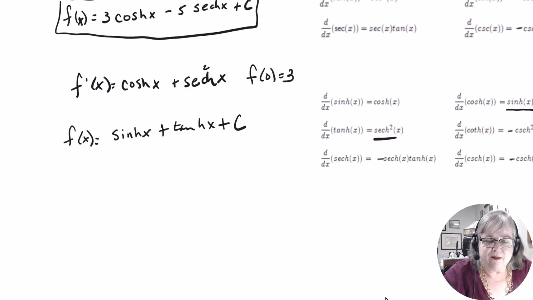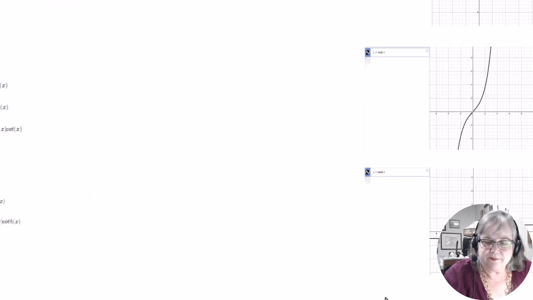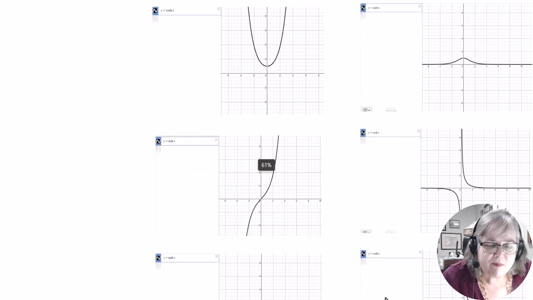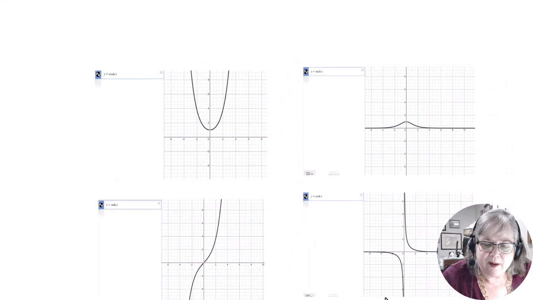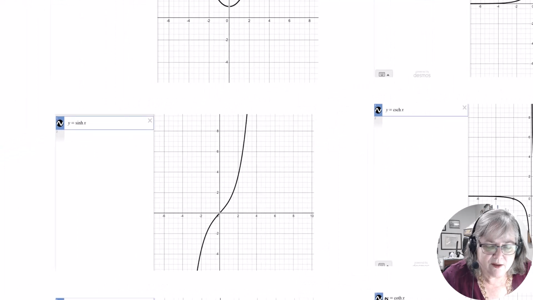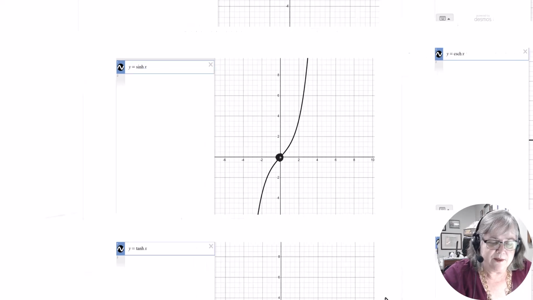Then they say, all right, now f of 0 is equal to 3, so I can apply that. 3 is equal to the hyperbolic sine of 0 plus the hyperbolic tangent of 0 plus c. So let's look at these drawings over here. So we're looking for the hyperbolic sine, and that's right here. And we're trying to figure out what the hyperbolic sine of 0 is. And so the hyperbolic sine of 0 is 0.